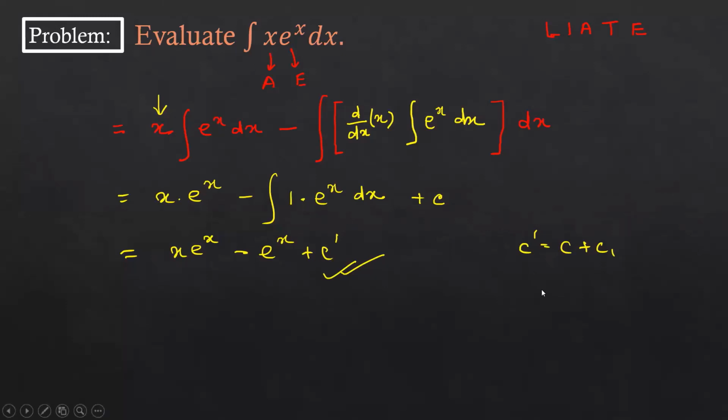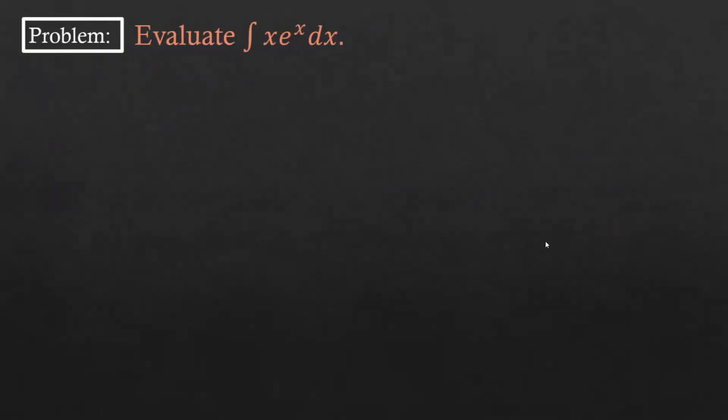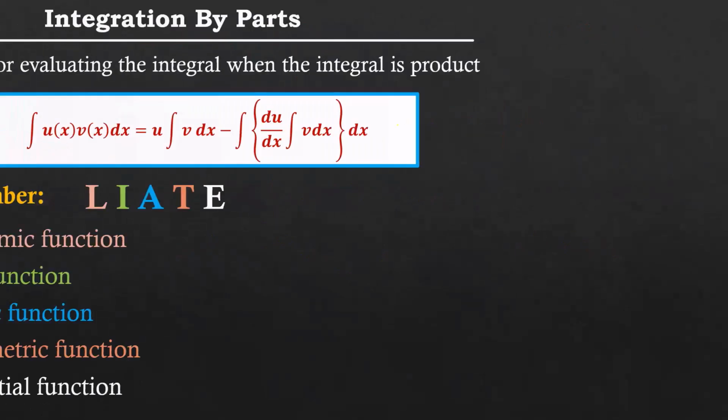So now comes another problem. Sir, can you tell me about LIAT, L-I-A-T? Yes, tell me. Sir, LIAT. Exactly. So actually, LIAT, this is the rule for which term you have to take outside and which term you have to take inside.